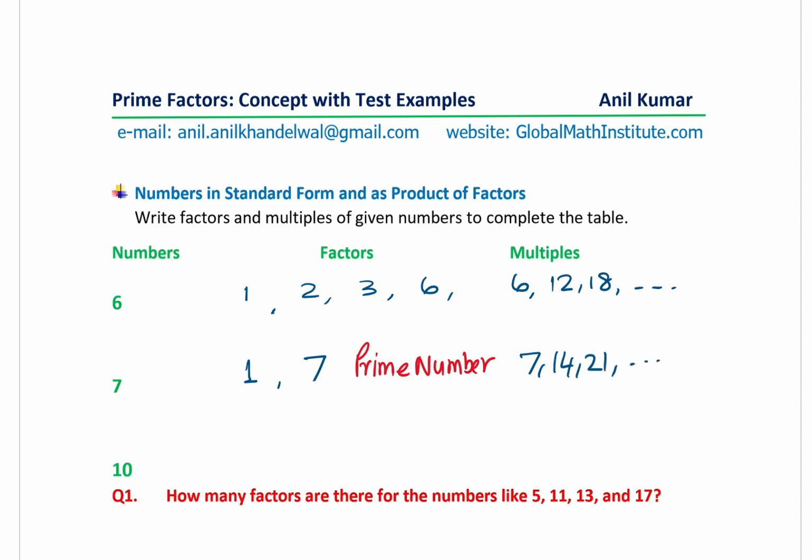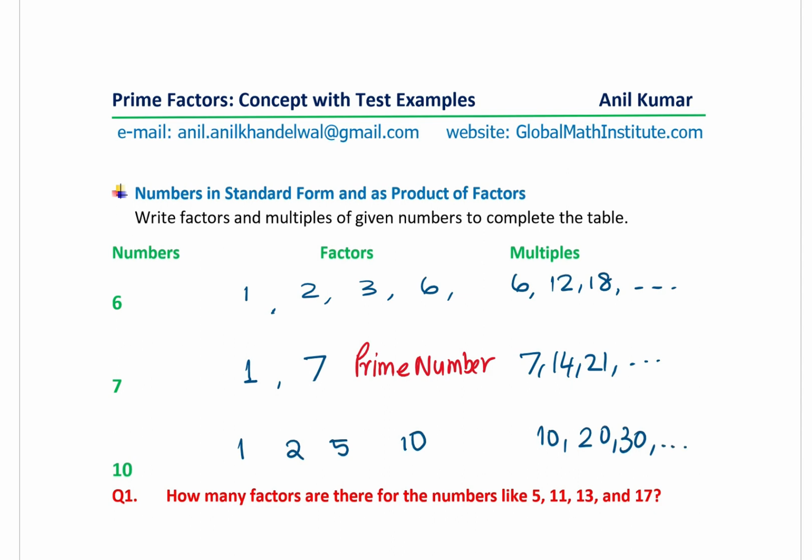As far as 10 is concerned, you can get 1 times 10 as 10. You can also get 10 by the combination of 2 and 5. So these are the factors for 10. And the multiples will be 10, 20, 30, and so on.